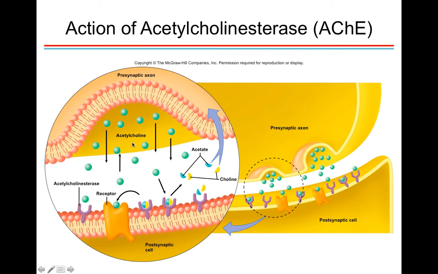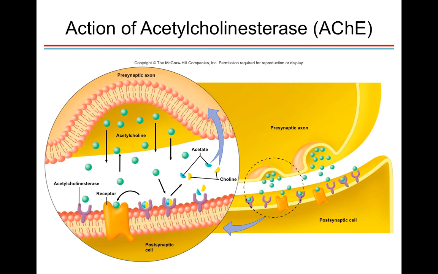I want to remind you that this happens from the vesicle containing acetylcholine fusing with the plasma membrane and leaving via exocytosis. So you can imagine once an acetylcholine binds to a receptor and triggers the opening of the ion channel, it's going to detach from the receptor, but then maybe it can bind again, right?